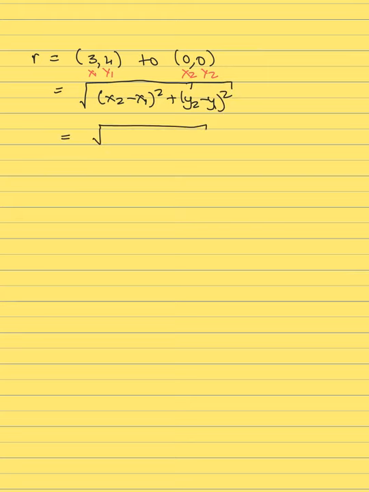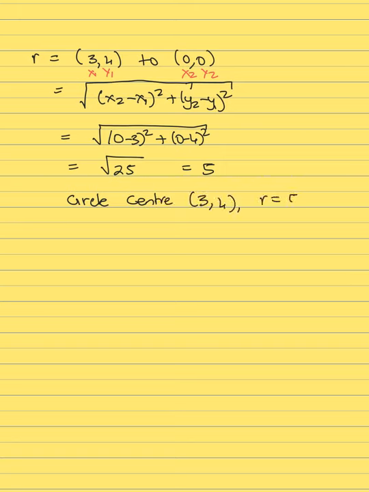And that's the square root of 0 minus 3 to be squared plus 0 minus 4 to be squared. Putting that into our calculator, we get the square root of 25, which is 5. So we now have a circle with a centre 3, 4, and the radius equals 5.